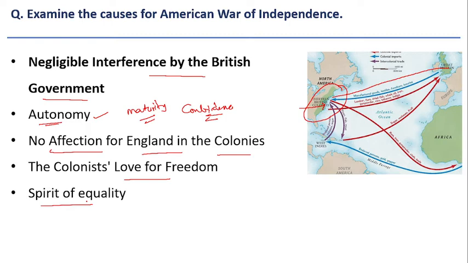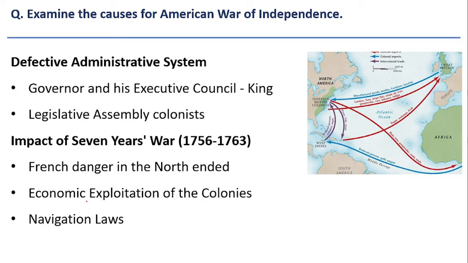The colonists always wanted to rule autonomously and independently. Till they got the maturity and confidence, they depended on the British government, but later they felt the British government was imposing more restrictions, so they wanted to come out of those restrictions.